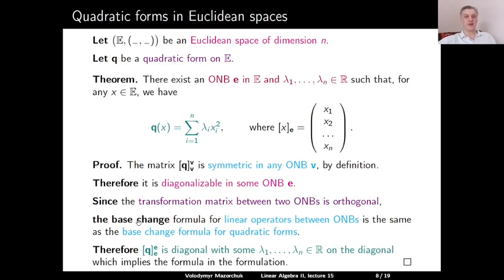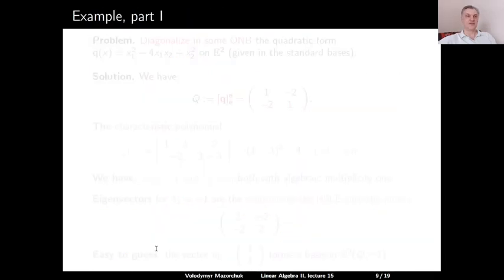Therefore, the matrix of Q in our orthonormal basis E, which diagonalizes our linear operator, coincides with the diagonal matrix for the linear operator with some lambda 1 and so on lambda n, real numbers, on the main diagonal. And this implies our statement. Here is an example.